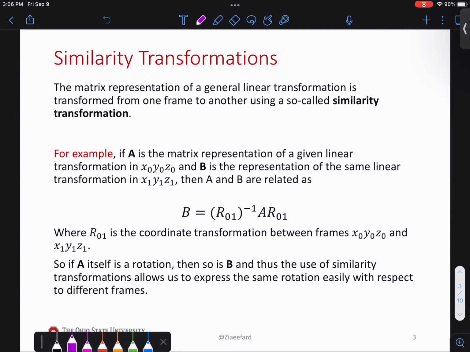So basically, you post-multiply and pre-multiply, and the resulting matrix is going to be your similarity matrix. It's going to be the matrix of your transformation in the other frame, right? So now, if you have B, you have R 0 1. You already have this one. You can find what A is.